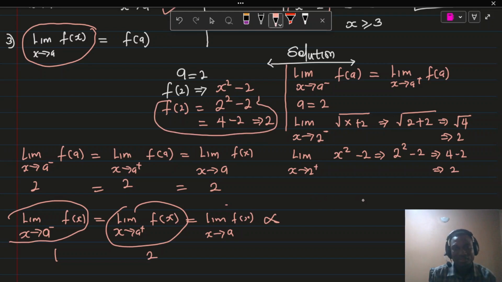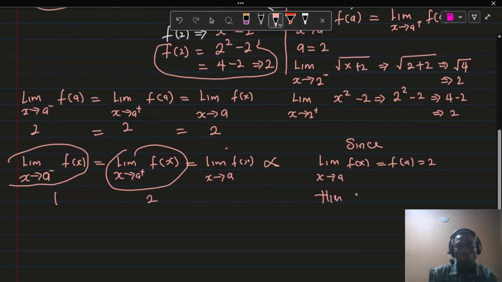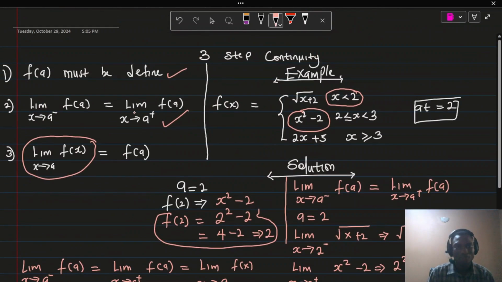Now since limit as x approaches a of f of x is equal to f of a, which is equal to 2, the third condition is also satisfied.